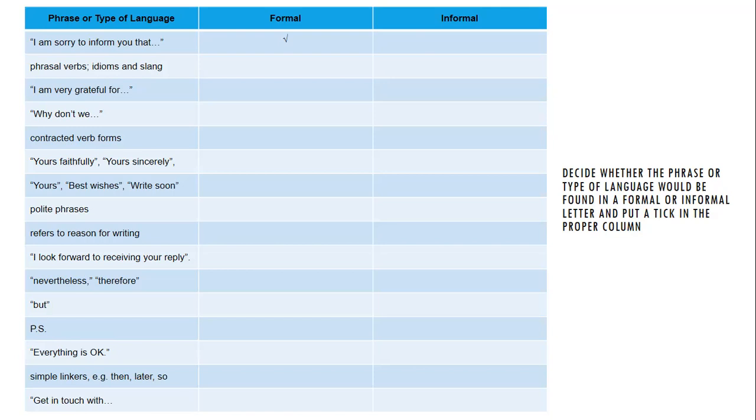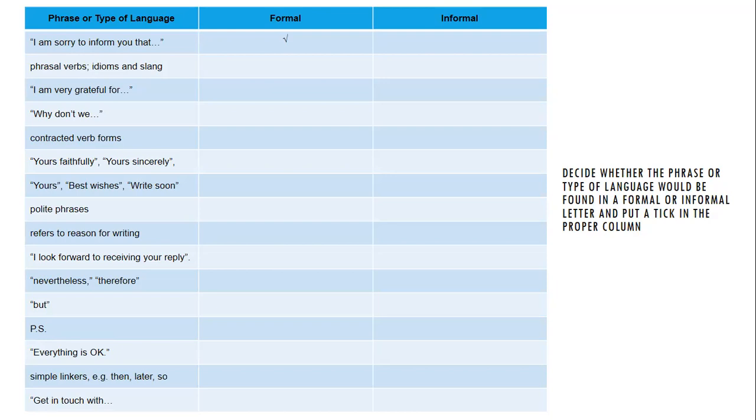Conjunction can be both. Therefore can also be used in informal letter, yeah. But it can be both also, yeah. Conjunction can be both.